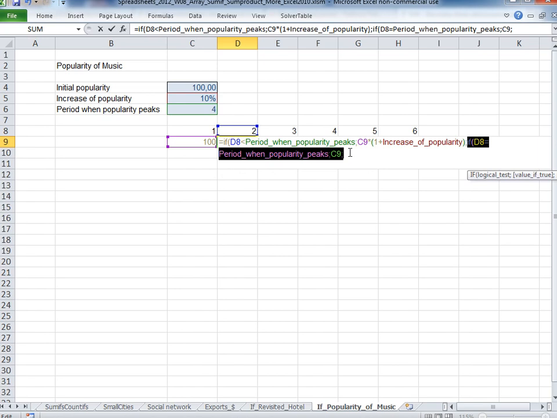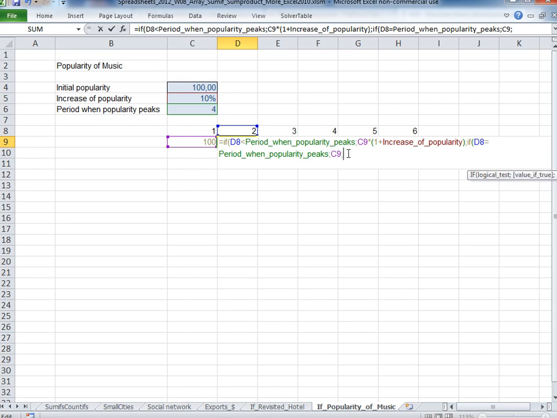Now the next thing to do is to see what's inside the second IF. The second IF also has a comparison of staying the same, then the staying the same popularity itself, and now the third part.